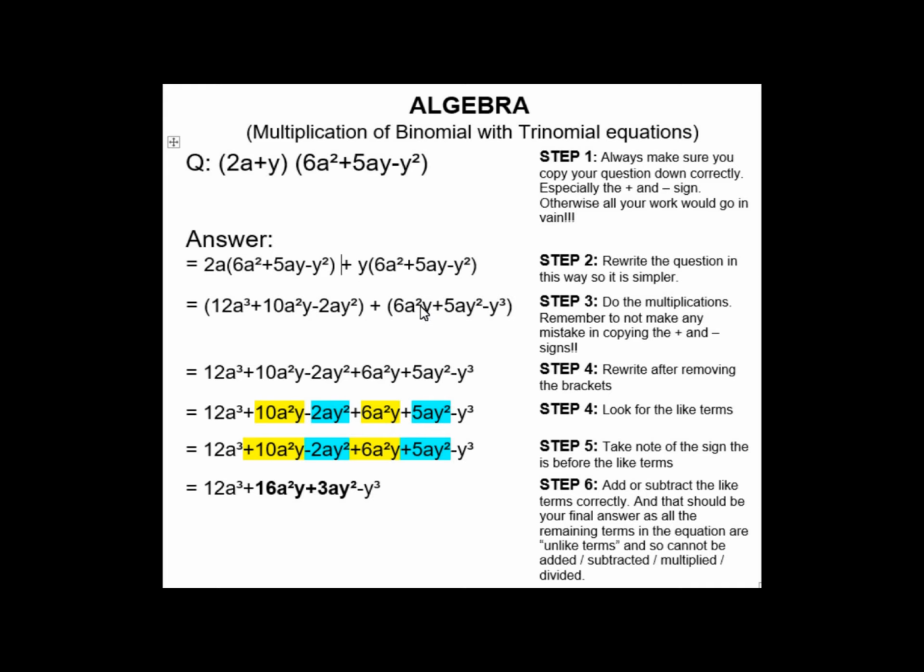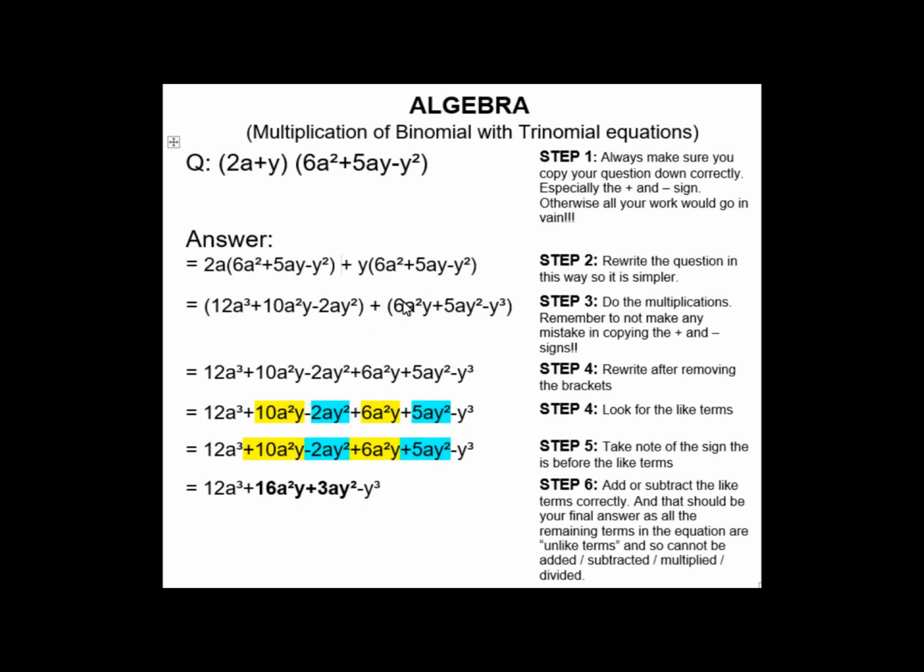So you see in this step 3, all the multiplications have been completed, and now we have two equations complete without having any multiplication left to do.